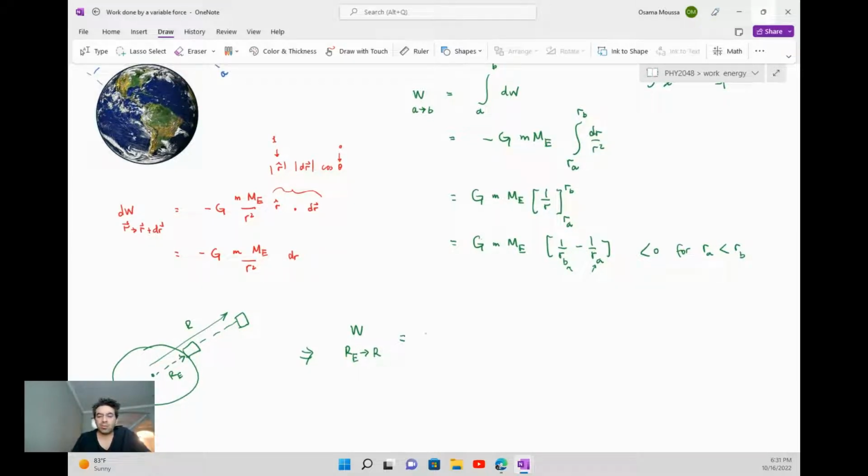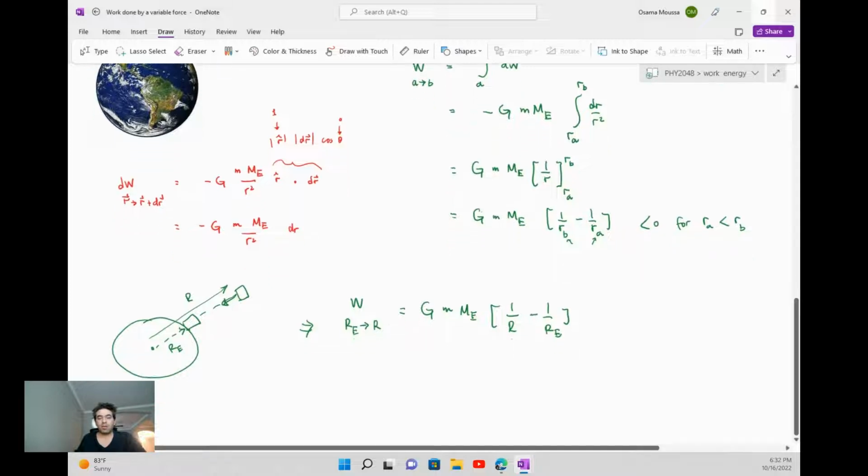Then I can just use this expression, G times m, the mass of the rocket, times the mass of Earth, times 1 over r minus 1 over the radius of Earth. So I'm able to calculate that work. And again, r would be larger than re, so 1 over r would be smaller than 1 over re, and therefore this would give me a negative amount of work, which I'm happy with because the force of gravity is against the displacement, so I'm expecting the work done by the force of gravity to be negative.